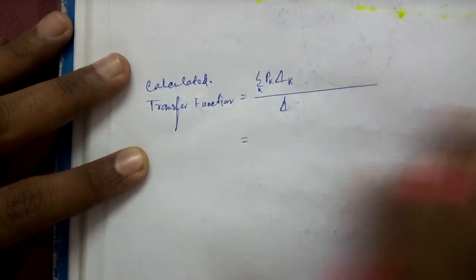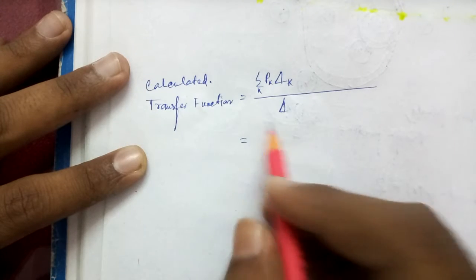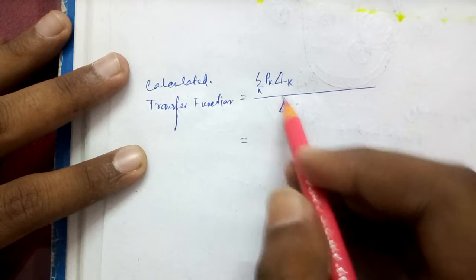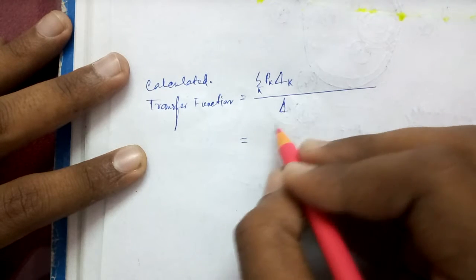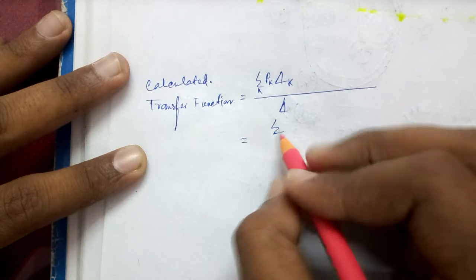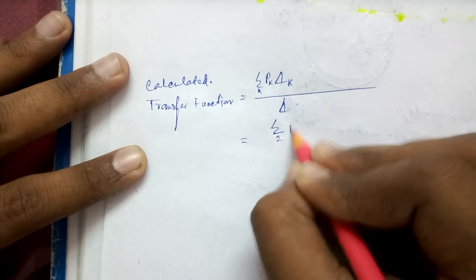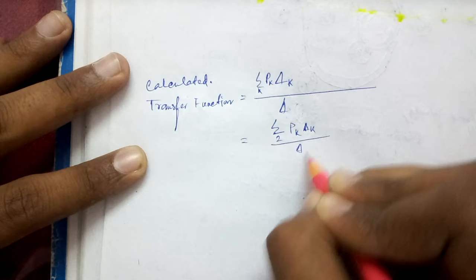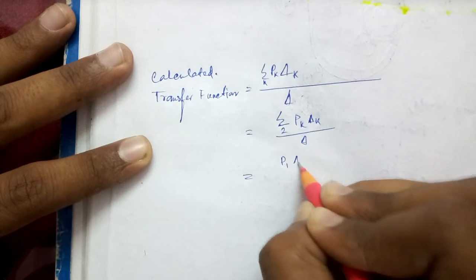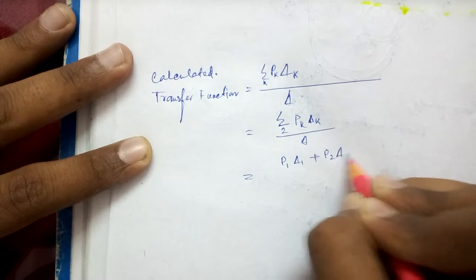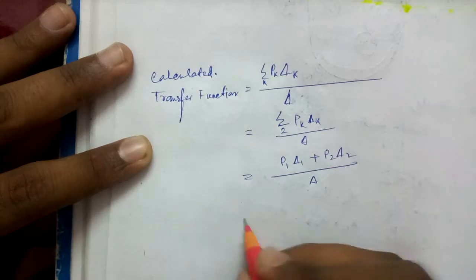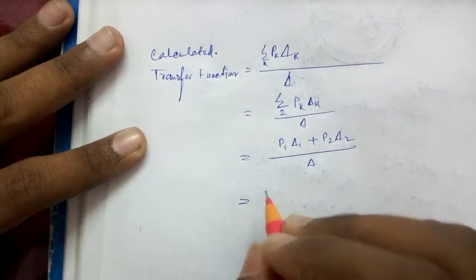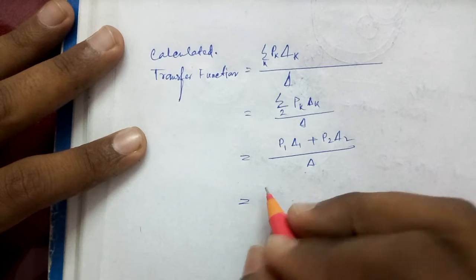Hence the finally calculated transfer function will be, I am writing the equation here, summation k Pk delta k by delta. Here the value of k is 2, hence it is equal to P1 delta 1 plus P2 delta 2 by delta. We have calculated the value of P1 previously, so let me put the values here.